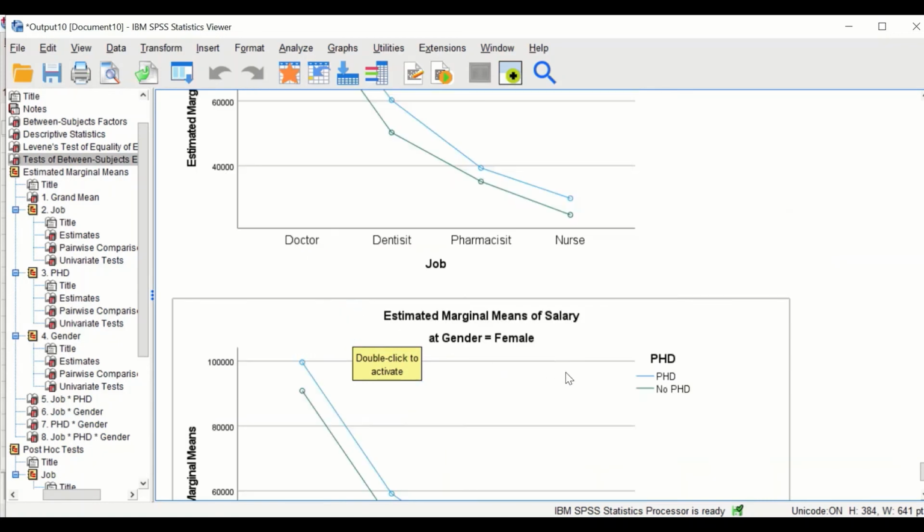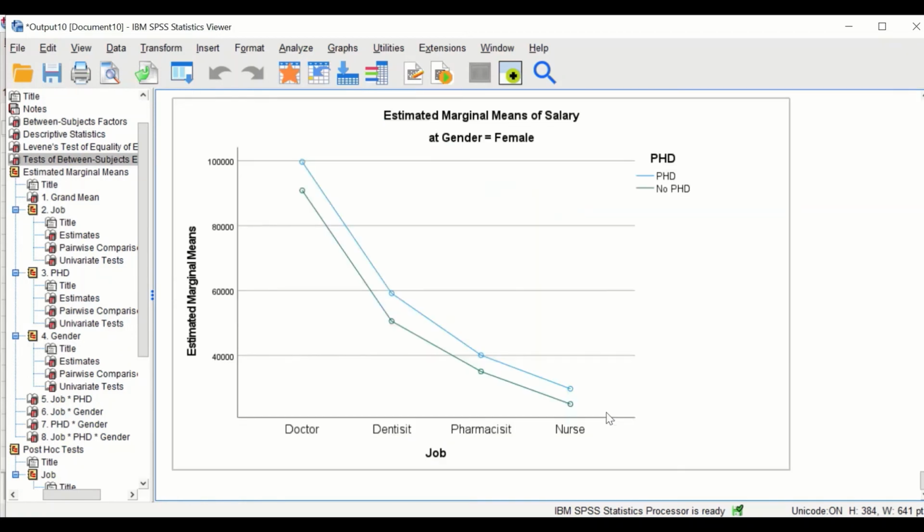So this indicates that gender has no influence on the salary earned. So this is the way to perform a 3-way ANOVA statistical test analysis in SPSS.